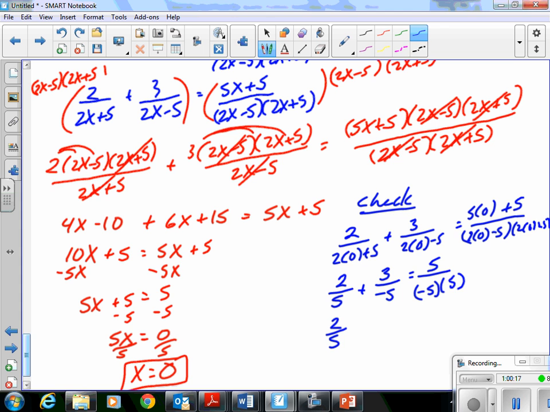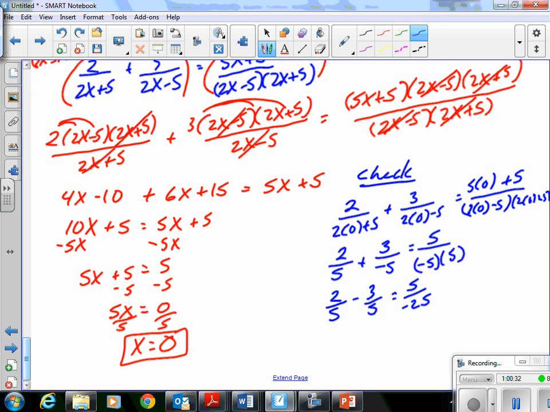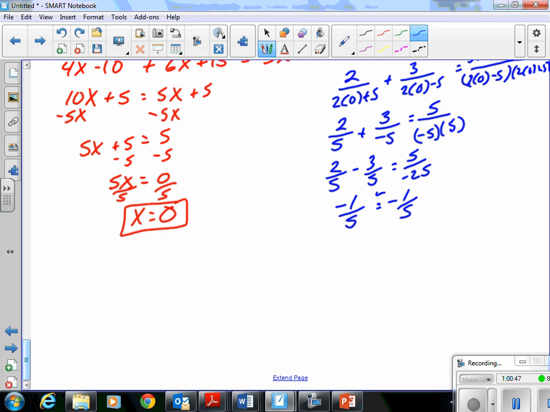That 3 over negative 5 will be the same thing as minus 3/5, equals 5 over negative 25. And so 2 minus 3 is going to be negative 1 over 5. And 5 over negative 25 is going to simplify to negative 1/5. So that actually works. So x equals 0 will work as an answer.